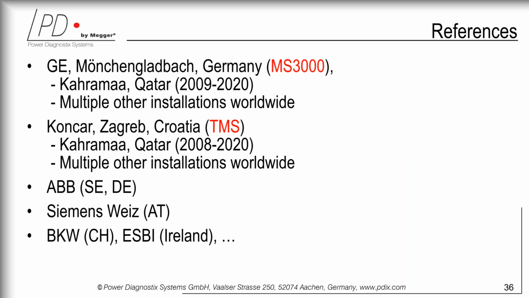So we have, as I mentioned, GE, Conchar, ABB, Siemens, Becca, the ESDI, so lots of key transformer manufacturers, but also people that are making devices are coming to us to purchase, let's say, the partial discharge component.